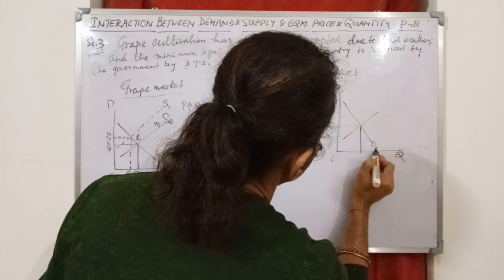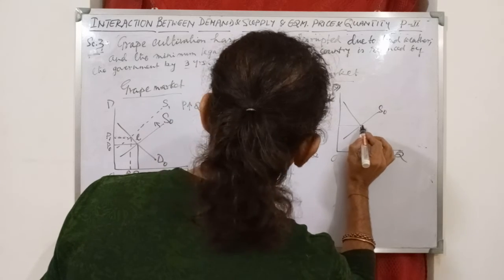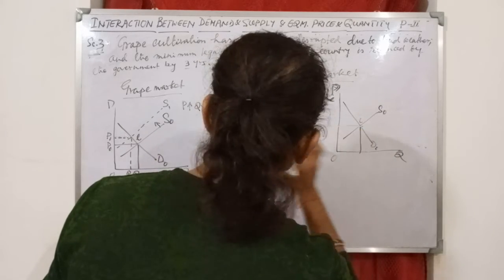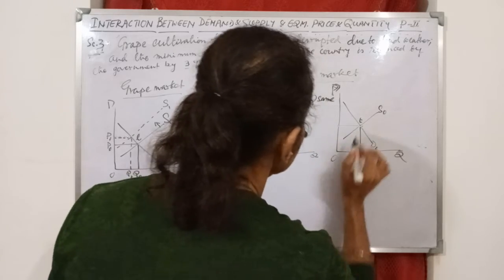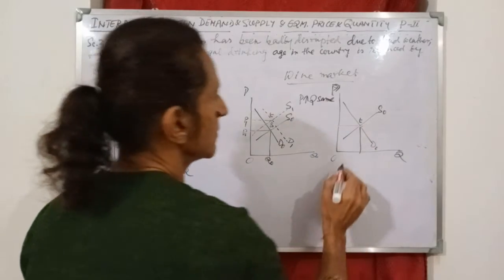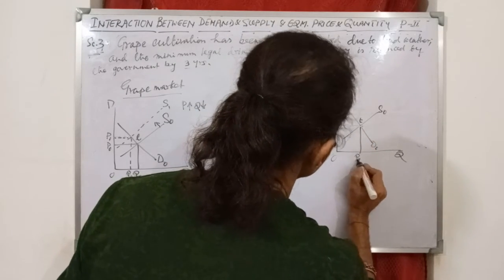D sub 0 is the demand curve, S sub 0 is the supply curve. Let them intersect at point T as I have done here. I am doing the same thing with a little change. And P sub 0 is the equilibrium price and Q sub 0 is the equilibrium quantity.